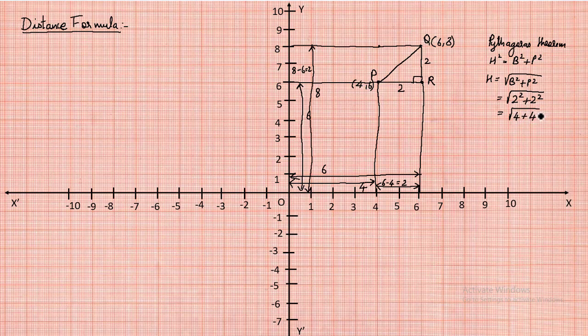So 4 plus 4 is root 8. So this root 8 can also be written as 4 into 2, where 4 is equal to 2 square, into 2. Since there is a square term in the root, this term comes out. So root 8 will be equal to how much? 2 root 2. The distance between the point P to Q is 2 root 2.